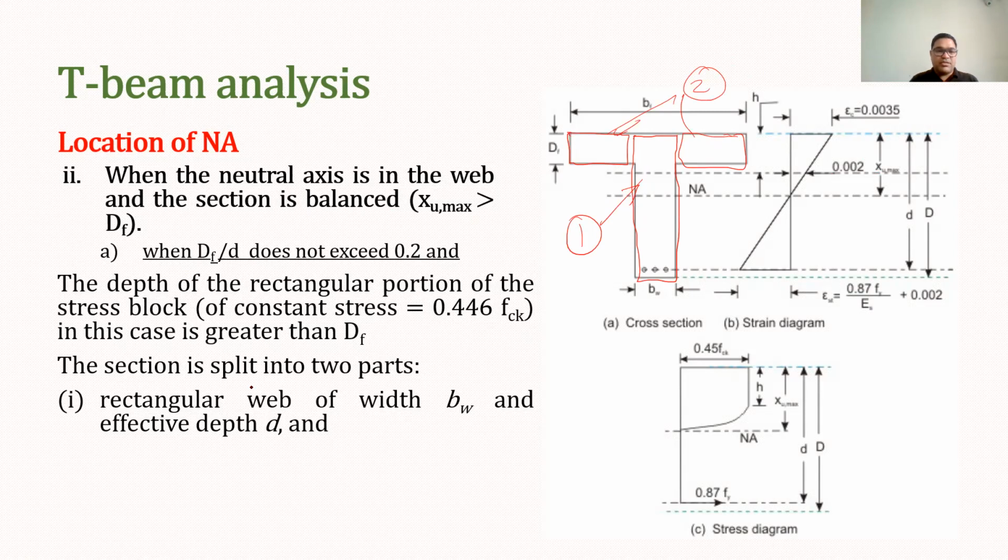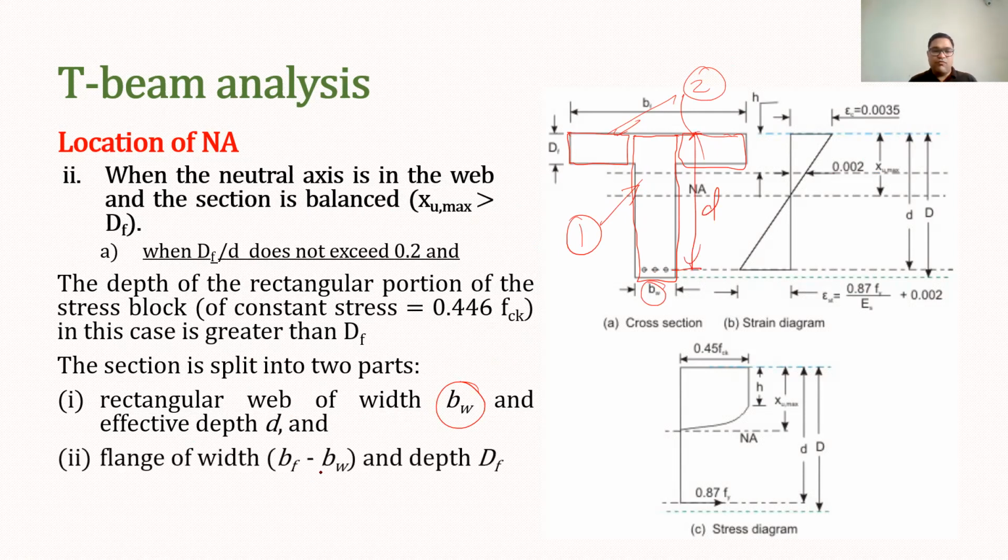The first part is a rectangular web of width Bw, this is the Bw, and depth D. So this depth will be D. And the second part is the flange of width Bf minus Bw, so this width will be Bf minus Bw.